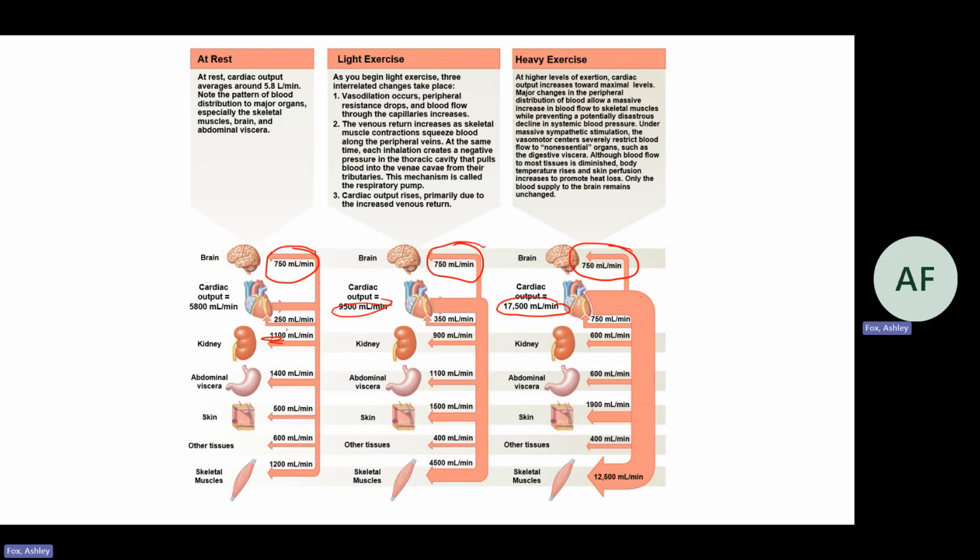The more you start exerting, the less blood flow to the kidneys. You're not worrying about making urine right now. Same thing with the intestinal. If you're resting and digesting, there's a lot more blood supply to the stomach or the abdominal viscera, meaning the digestive system. And then as you start exercising more and exerting more, then you don't need to worry about your digestive system.